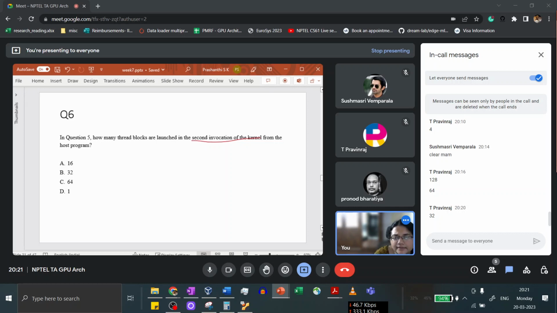We have one answer saying 32. Okay. The question is, how many blocks are launched in the second invocation of the kernel? Anyone else? We'll wait one more minute. Think about it a little more.